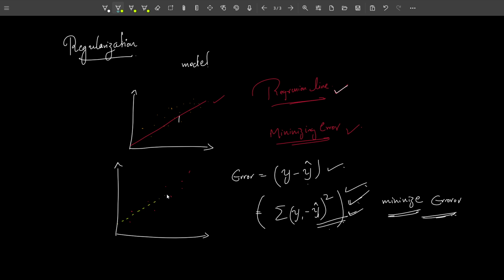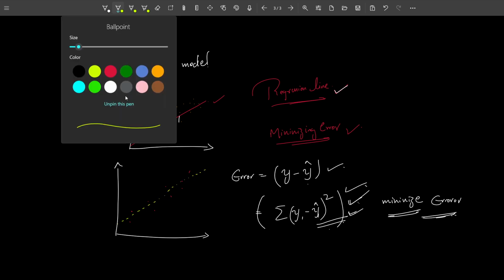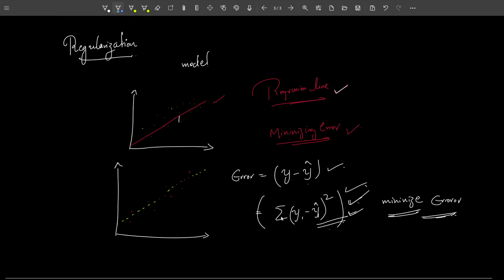But because we minimize the exact error, that is summation of yi minus yi cap square, the model fitted so well that it reaches almost all the points. The model fitted is like this.